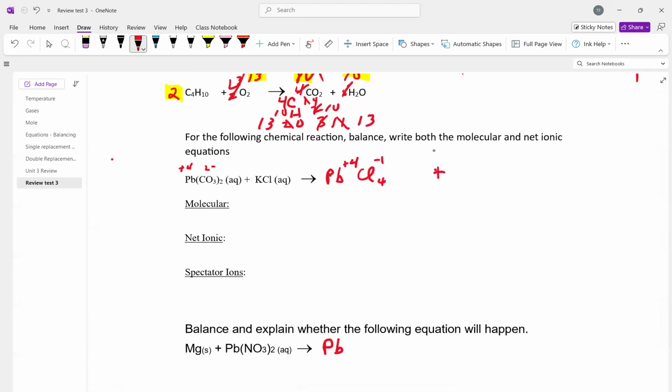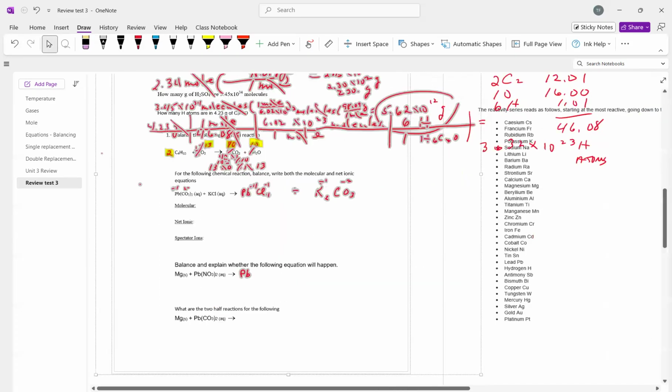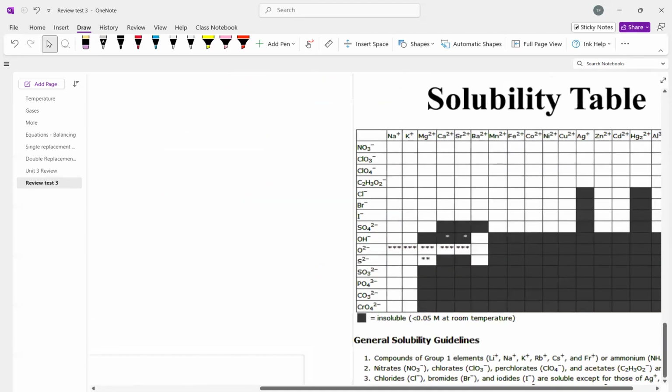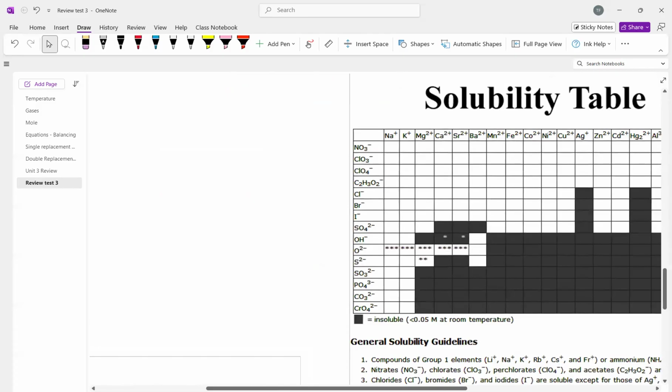And then we have potassium carbonate. We need 2 Ks because carbonate is a -2 from your common ion chart. Okay, so let's go to the solubility table now. We have chlorine right here.